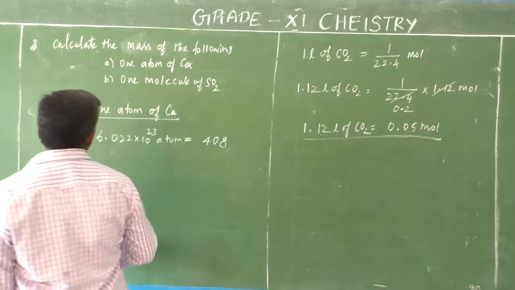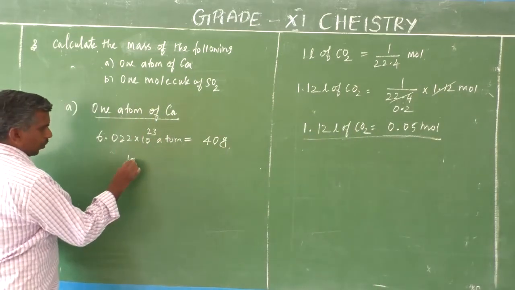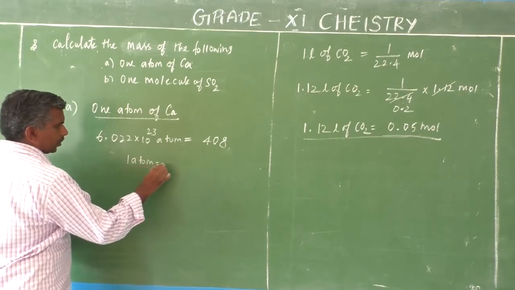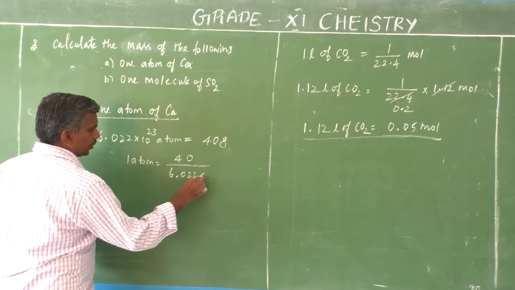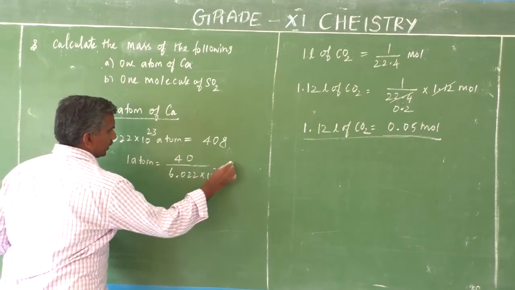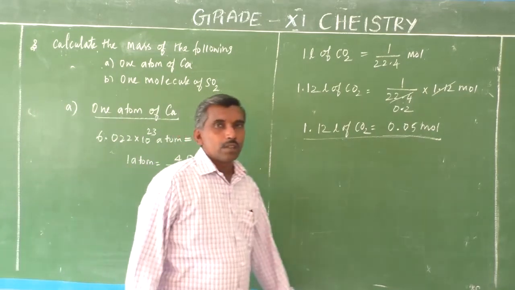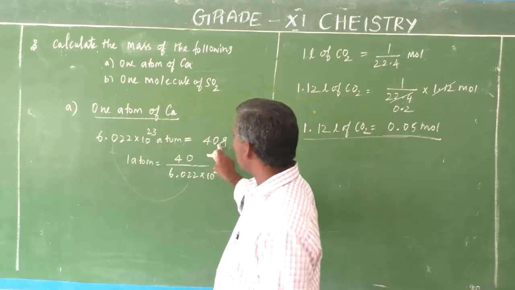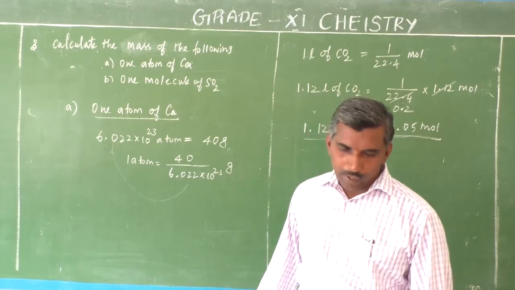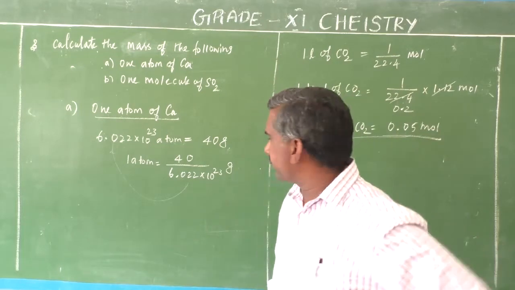Now, one atom equals 40 by 6.022 into 10 power 23 gram. So 40 divided by 6.022 into 10 power 23.